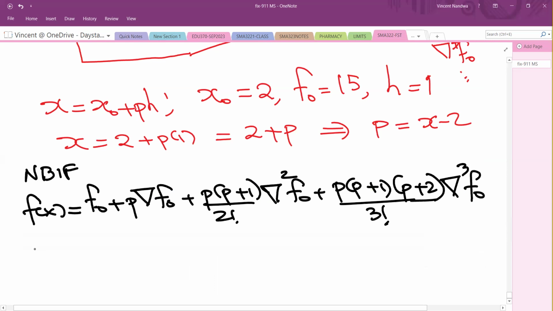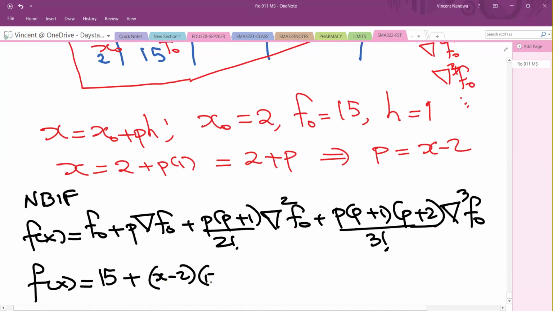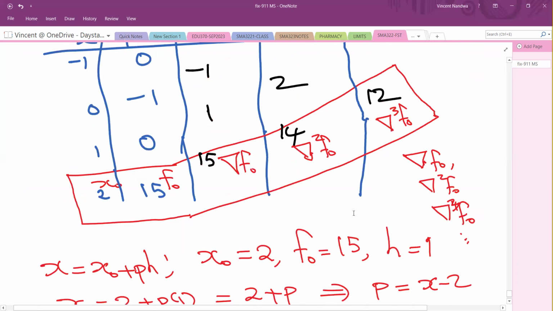So we substitute accordingly. In f of x, f naught is given as 15. p is x minus 2. So what is the backward of f naught? 15, correct? Then plus x minus 2 times, x minus 2 plus 1 is x minus 1, over 2 factorial, which is 2, then the second backward of f naught, 14.